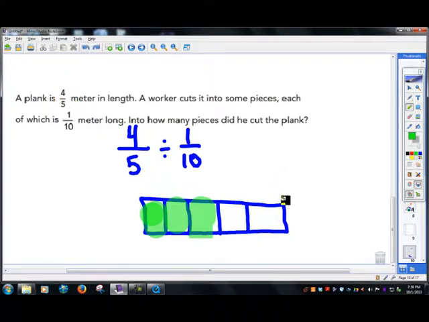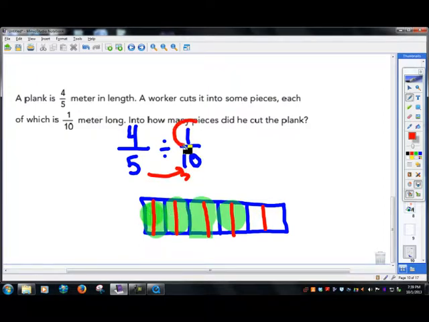So I have my 4/5 shaded. Now I'm dividing it into tenths. So if it's already cut into fifths, remember, I can just cut each section in half. Here, I said I was going to do this one like this. Instead of doing the dotted lines, I can just do these. Just go like this. And that's fine too. And just because I'm just doubling it here, so now I'm just cutting it into tenths.